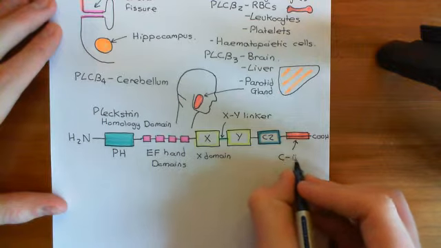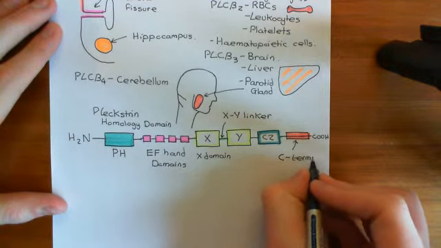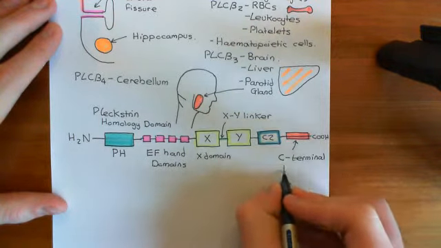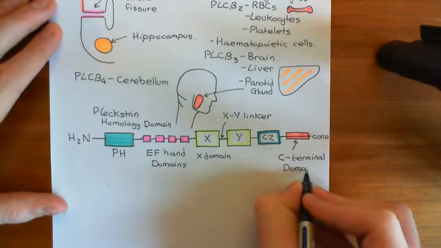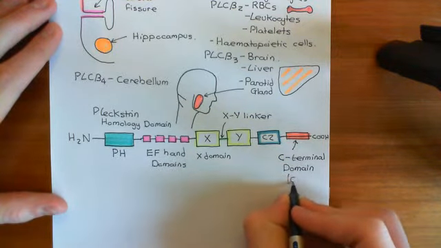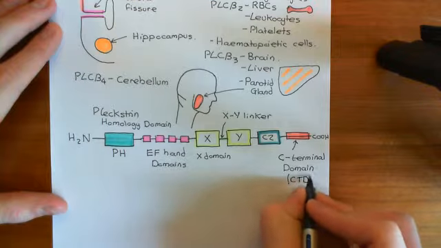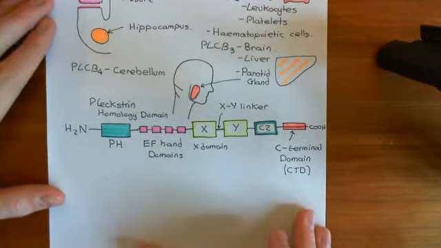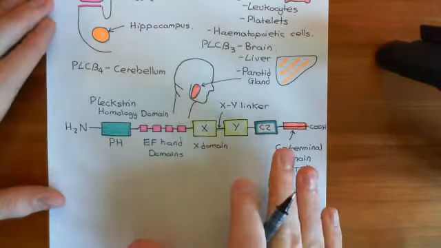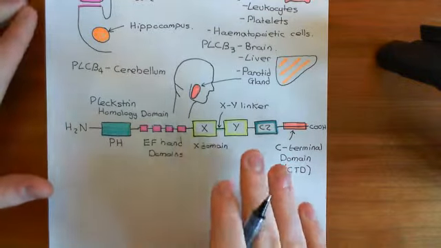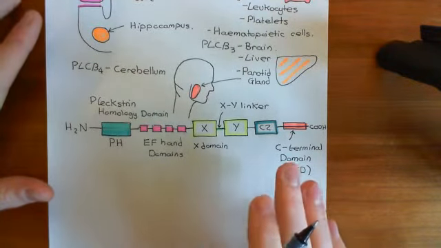So this is what's known as the C-terminal domain. Okay, and for short, the C-terminal domain is abbreviated to the CTD.